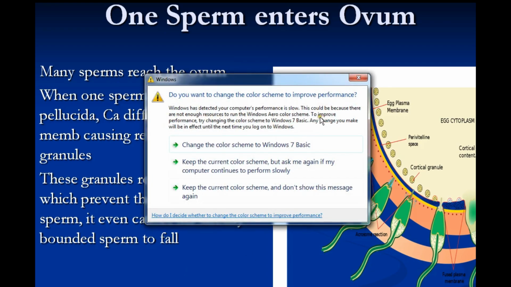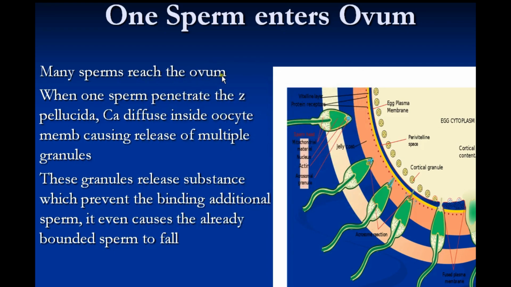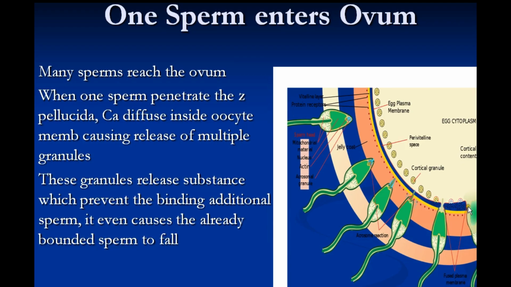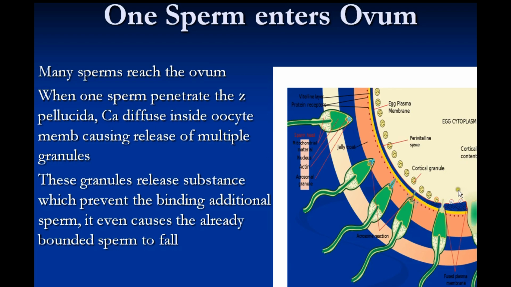The reason behind it: many sperm reach the ovum. If you see here, a number of sperm reach the ova. This is the ova. When one sperm penetrates the zona pellucida, calcium ions diffuse into the ova, and because of the entry of the calcium ions, cortical granules are released.